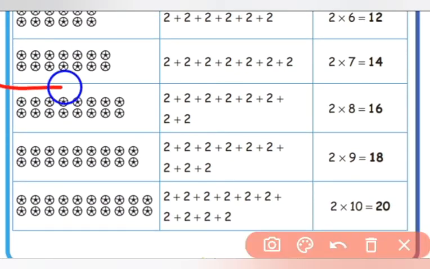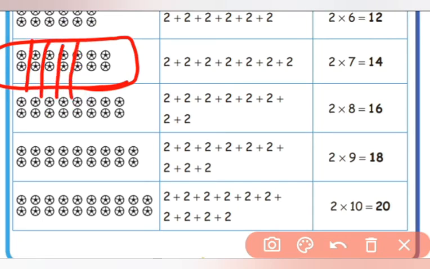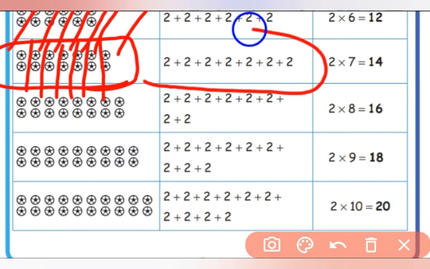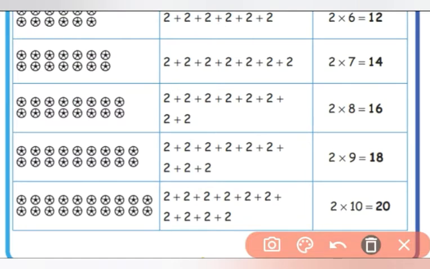Next பாருங்க. 7 times 2. ஓரோ பாக்ஸ்லேயும் 2 balls இருக்கு. எவ்வளோ பாக்ஸ் இருக்கு? 7. So the total number of balls is 14. The multiplication fact is 2 into 7 is equal to 14.